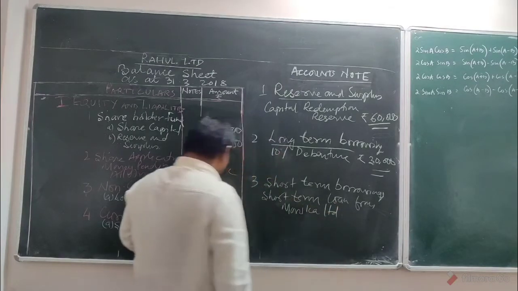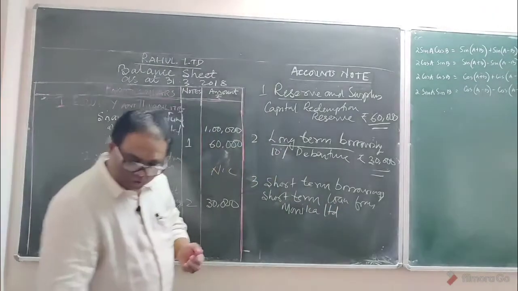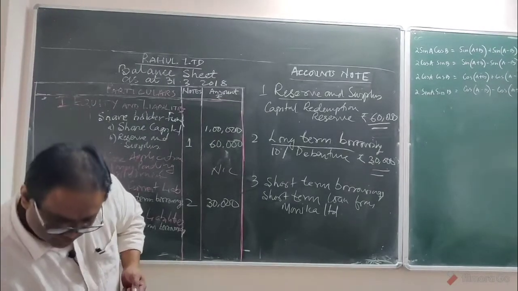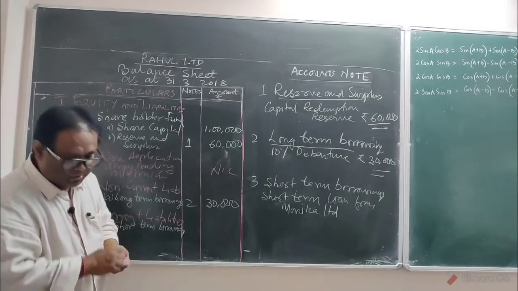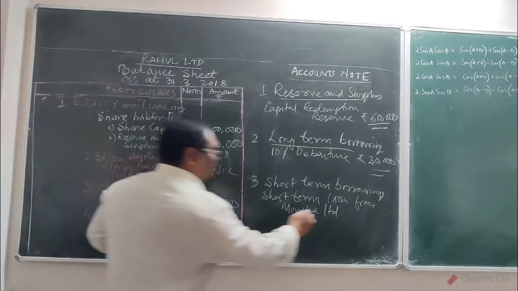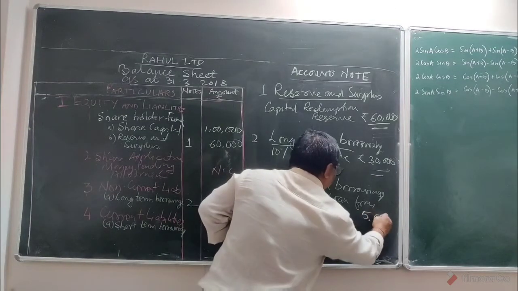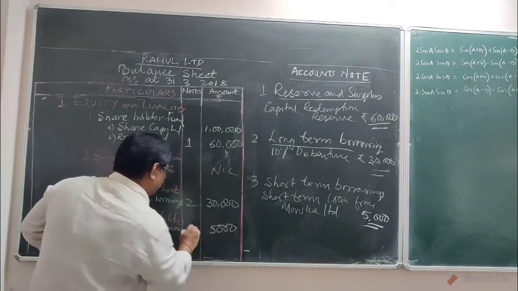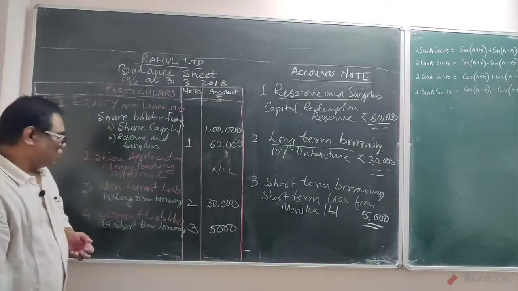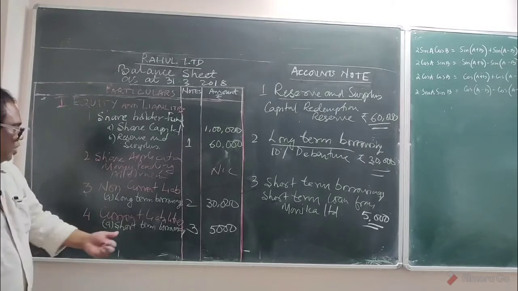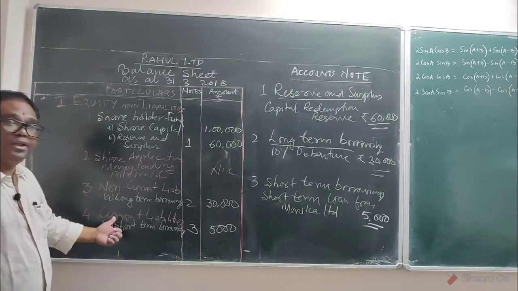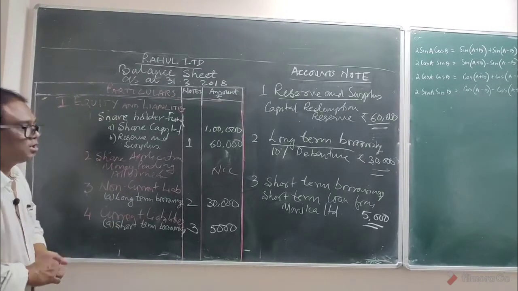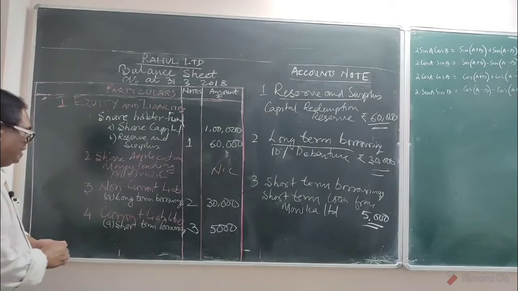The amount of the short-term loan from Monica Limited here is now 5,000. So 5,000. This is as per the account note number 3, short-term borrowings. So short-term borrowings is the sub-heading under the heading current liabilities, and the item is short-term loan from Monica Limited.